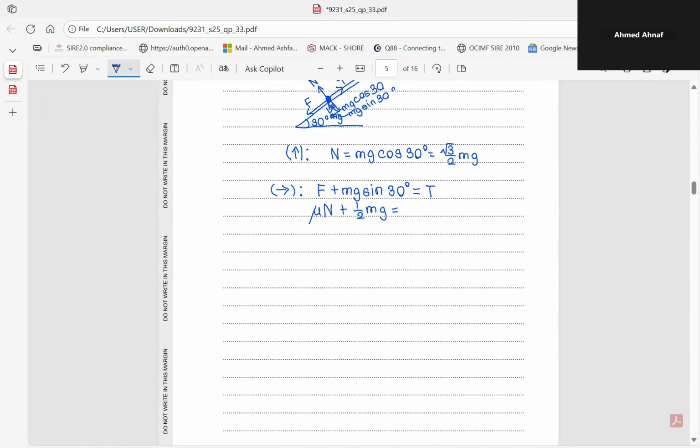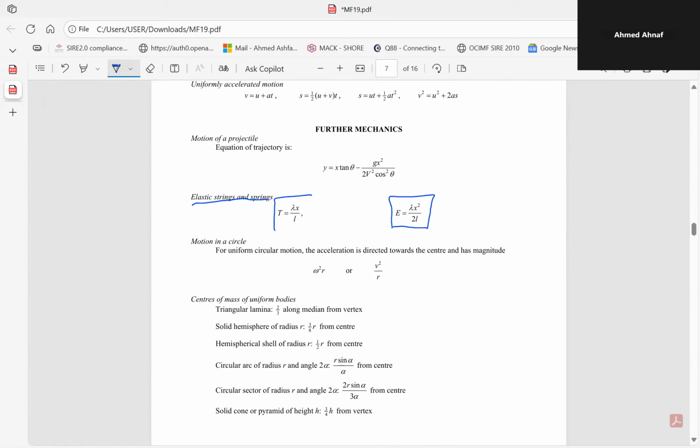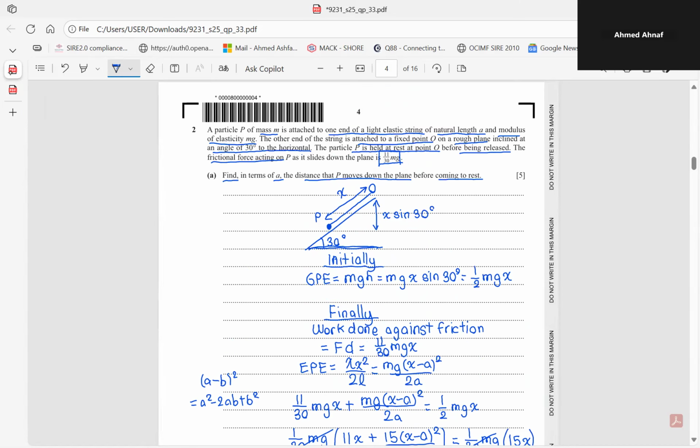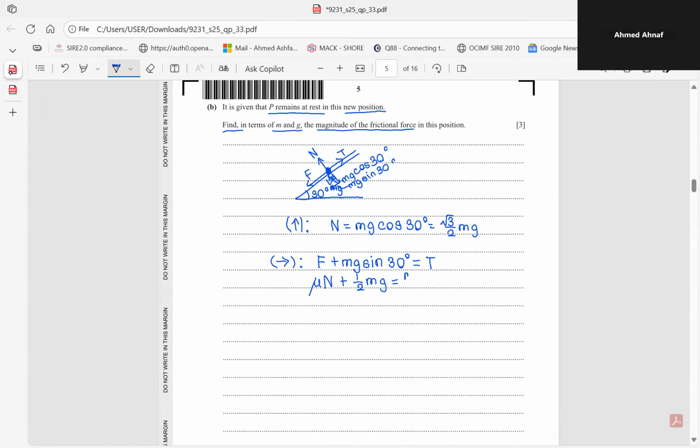Okay, that's just lambda, can refer back to here. So look at this formula. This is the formula for tension in an elastic string when it's stretched. So it's just lambda x over L. Lambda is the modulus of elasticity, so that is mg. And then x is just the extension.